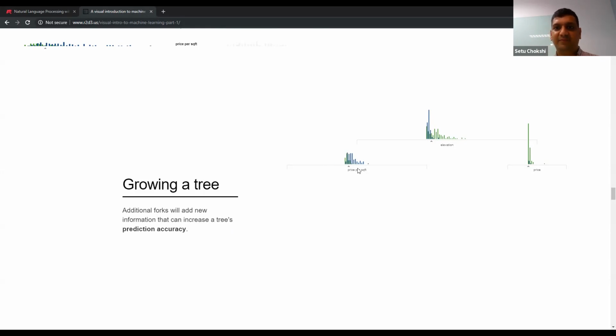Now I pick up price per square foot and price, and I do a similar exercise of trying to find out the best split at each point. On my left-hand side are all the apartments that got classified as New York. You can see that most of these are values that are blue, because blue was New York and green was San Francisco.